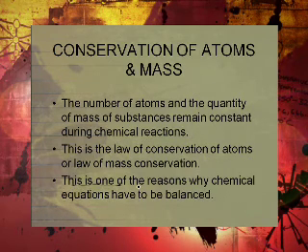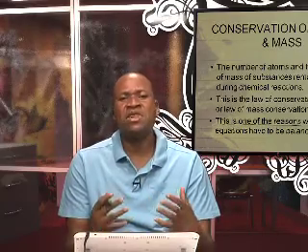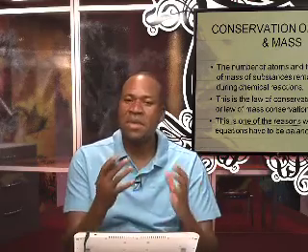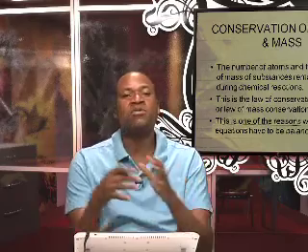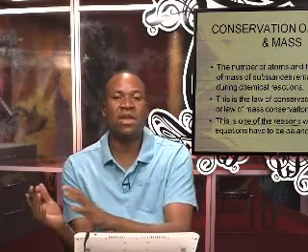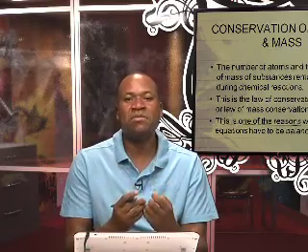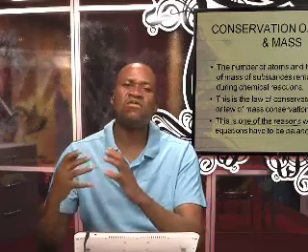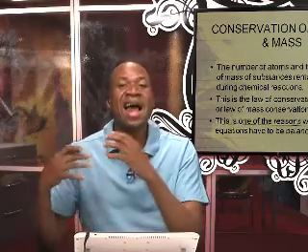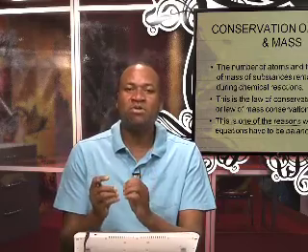This is one of the reasons why we have to balance chemical equations. Because if chemical equations are not balanced, we would not be able to see that we're starting with so many atoms and we're ending up with that number of atoms. We're going to have a problem along the way, because the products that form have their own special chemical formulae that identify them.